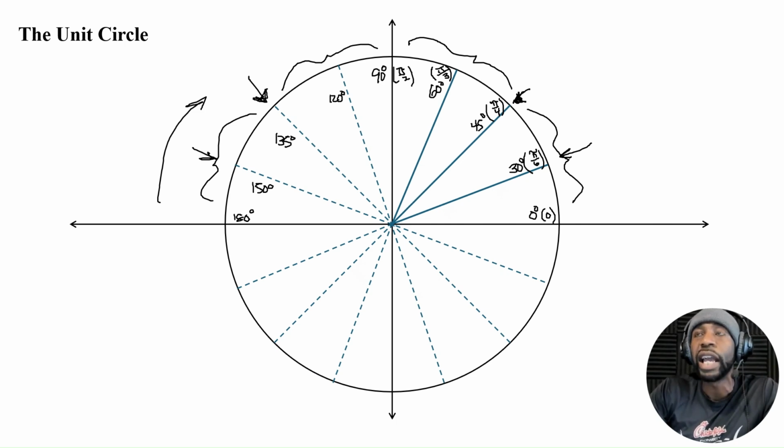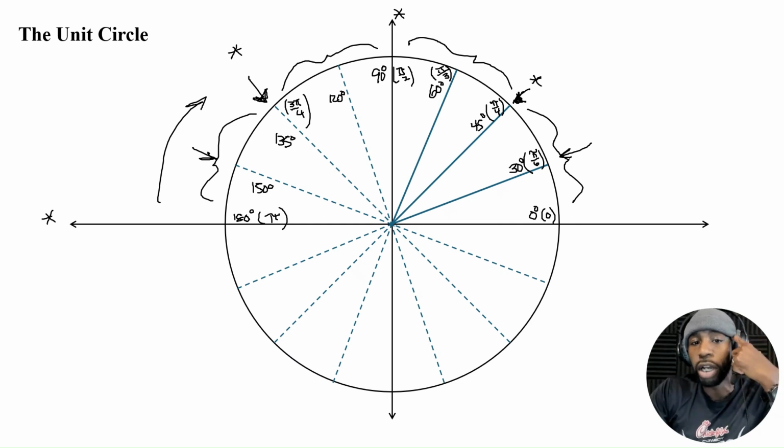So you could call that negative pi over 4, or you could recognize this is actually 3 pi over 4, because if this is pi over 4, this is 2 pi over 4, pi over 2. This is 3 pi over 4. This is 4 pi over 4, which is just pi. Okay? So all I'm doing is using the other angles that we've already marked to help me label the angles here in the second quadrant.